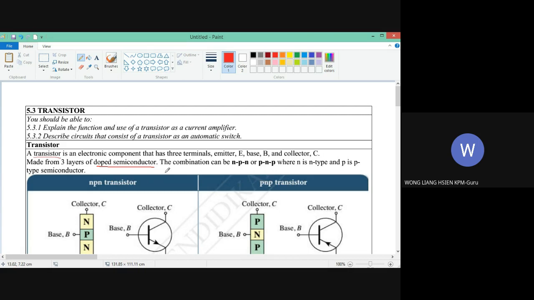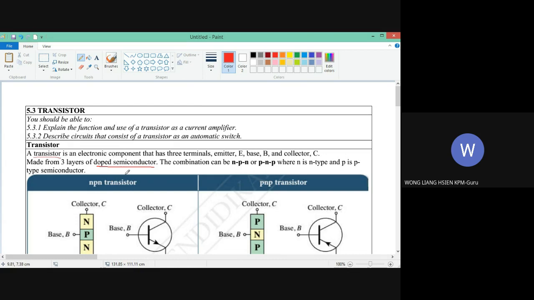That means doped with pentavalent atoms so that you have extra electrons, then we call it N-type. If doped with trivalent atoms, then there will be holes. All of this we already discussed yesterday, when we talked about the semiconductor diode in topic 5.1.